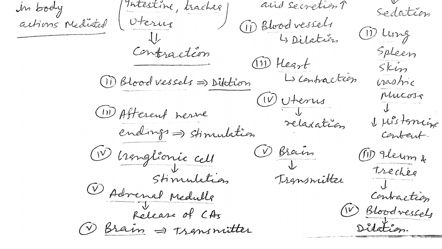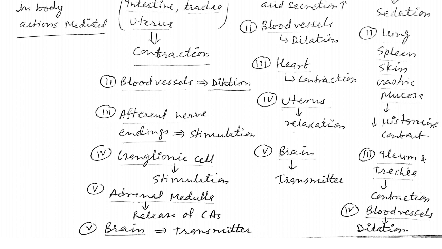Another affected site is the afferent nerve endings. In the nervous system, the neurons in our body fuse together and form synaptic vesicles, where acetylcholine gets released and exerts its actions.